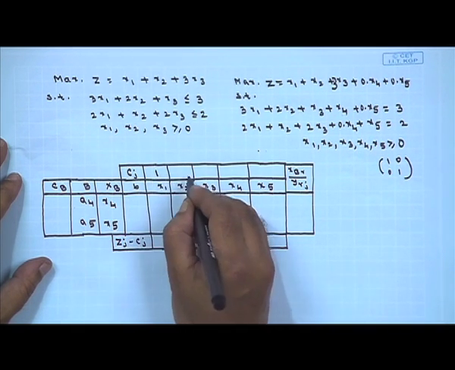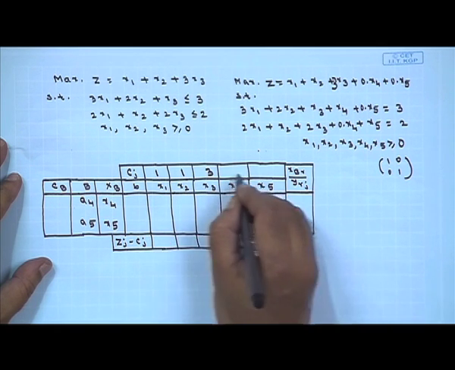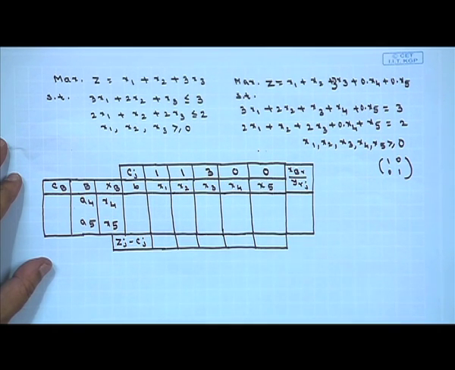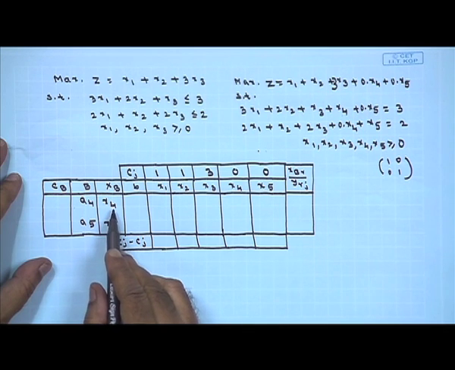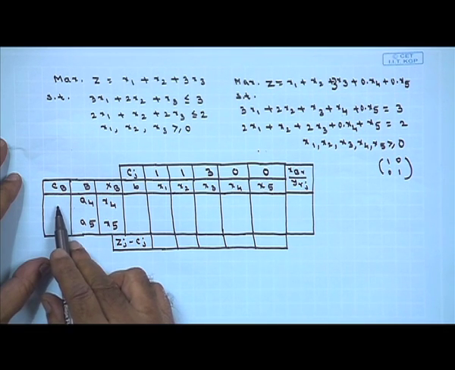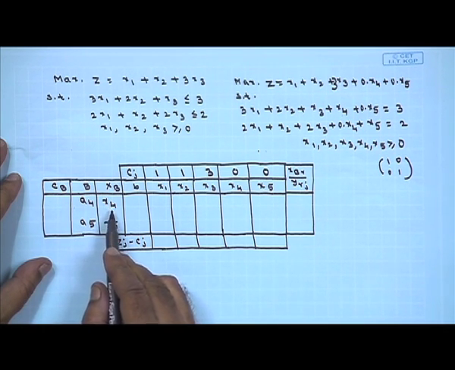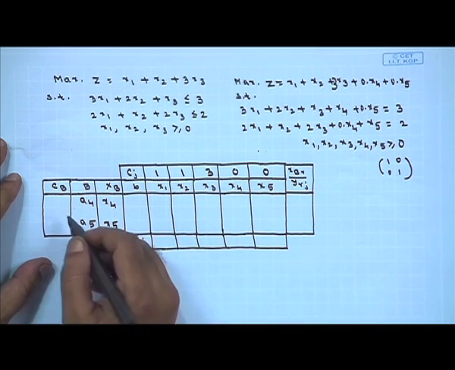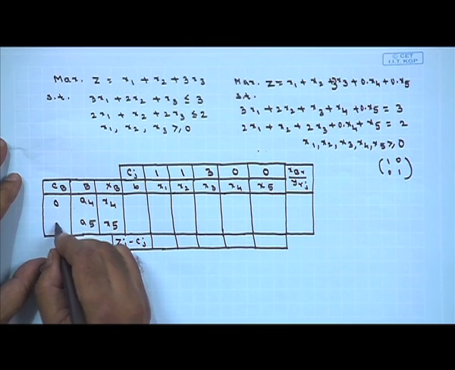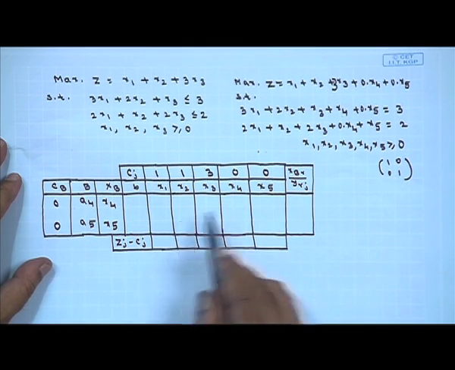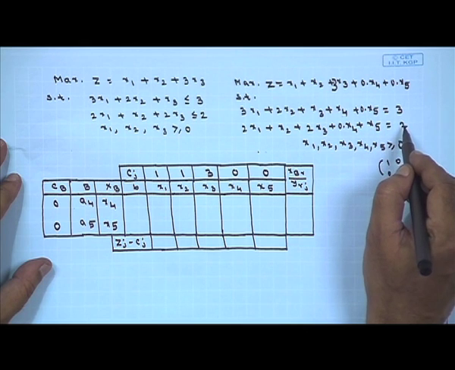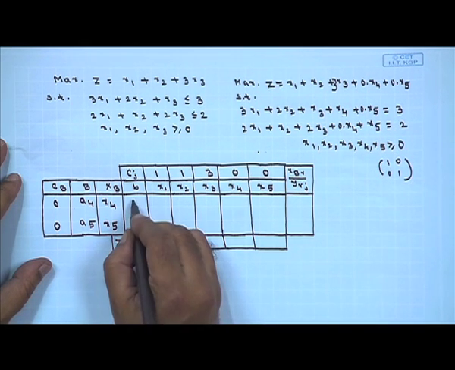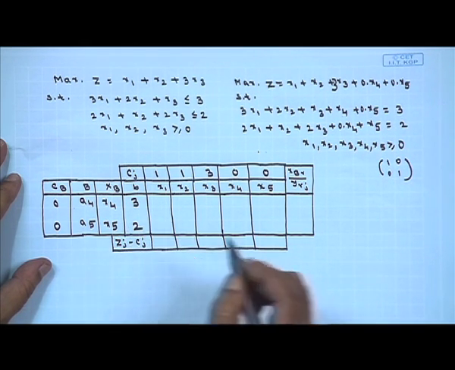So, I can write it as 1, 1, 3, 0 and 0. The corresponding values of Cb are the coefficients of x4 and x5 in Cj, so they are 0 and 0. The b values are the right-hand sides of the equations, so this is 3, 2.